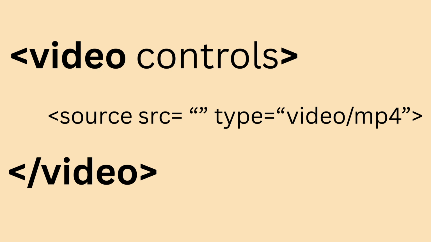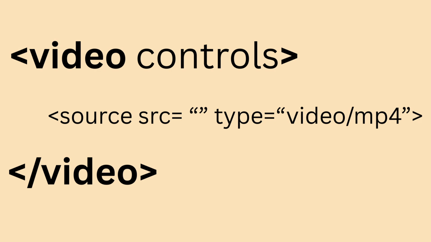And right in between the opening video tag and the closing video tag, you have the source. You can see the source, then src equal to double quotes. Right between the double quotes, you put in the path and the name of the video dot mp4.